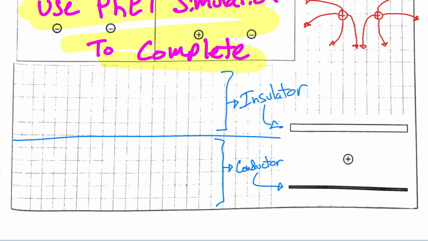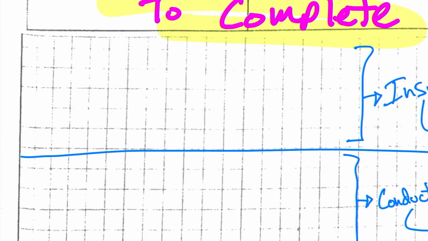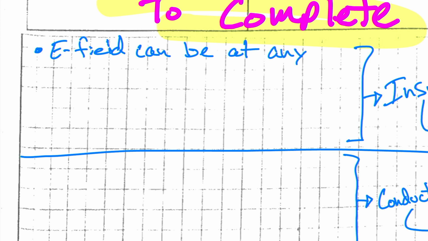What are some rules for these situations? Well, for an insulator, the electric field can be at any angle to the surface.